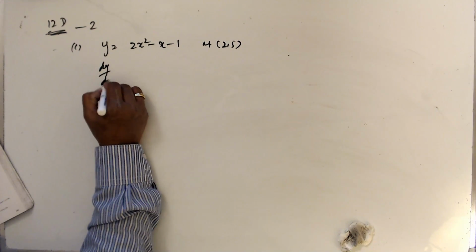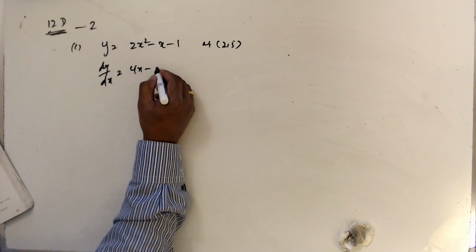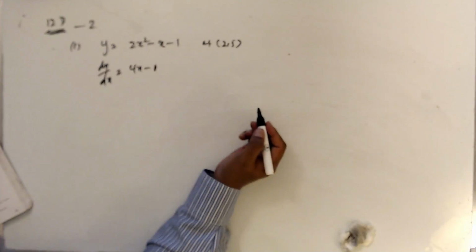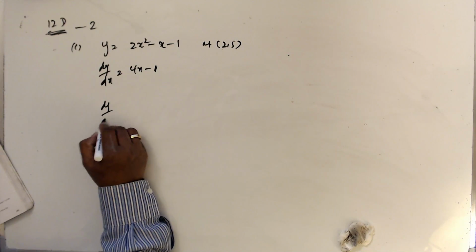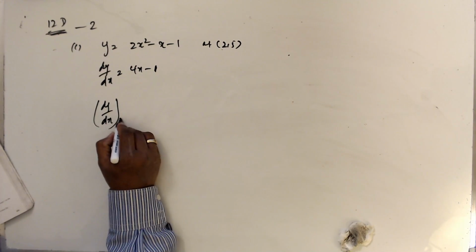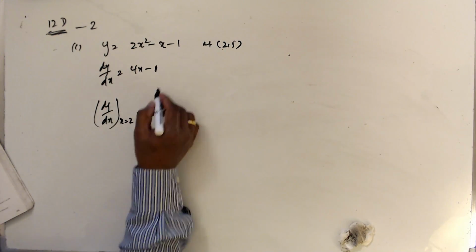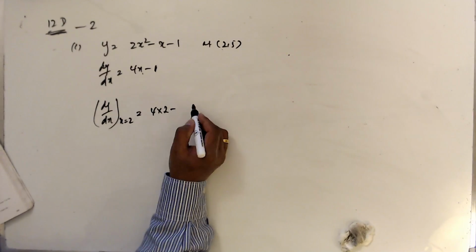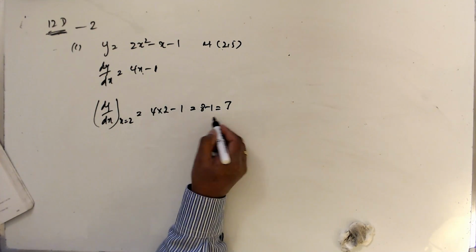dy over dx is going to be 4x minus 1. Then we need dy by dx when x equals 2: 4 times 2 minus 1. 8 minus 1 is 7.